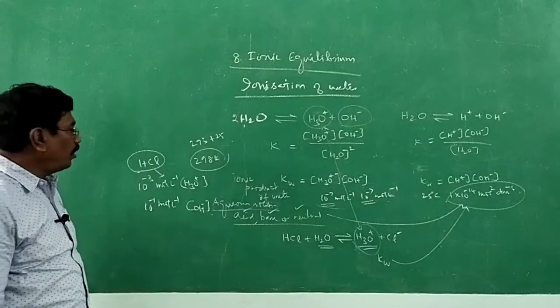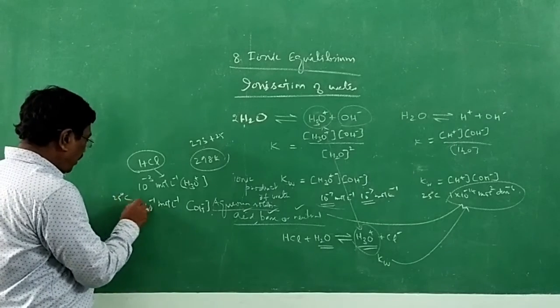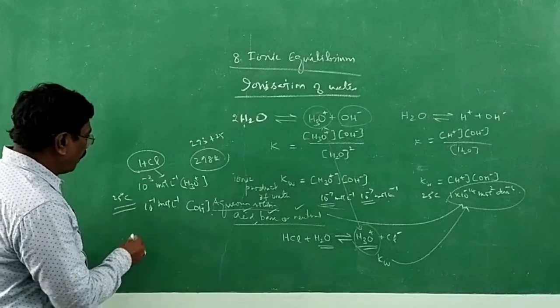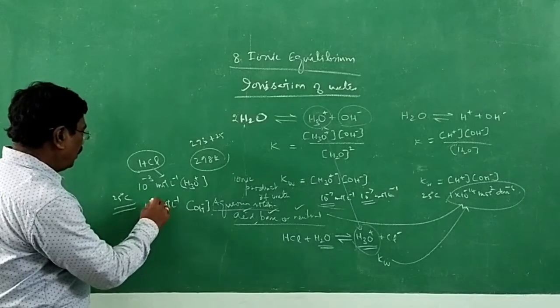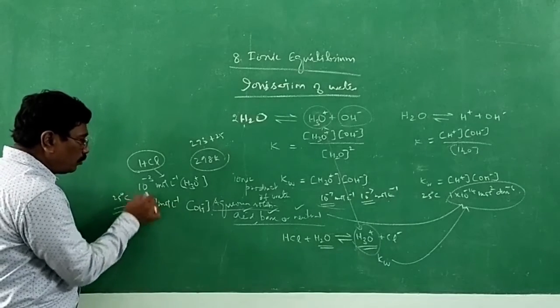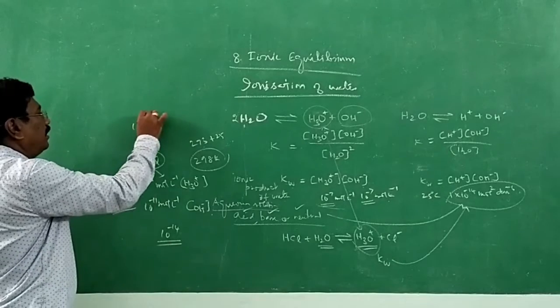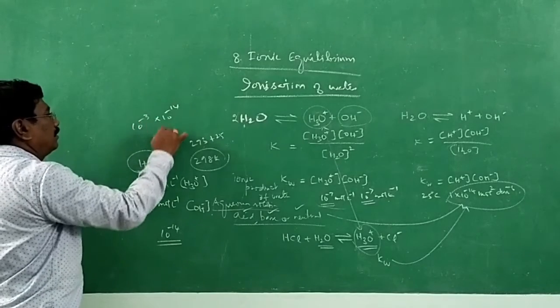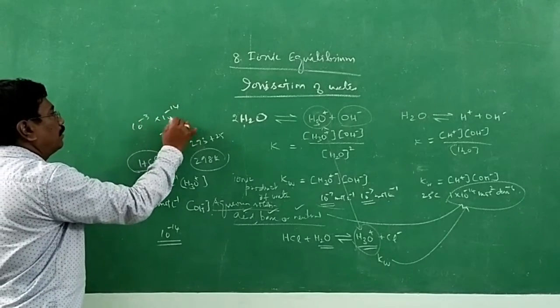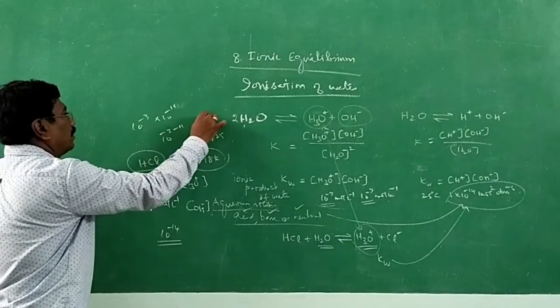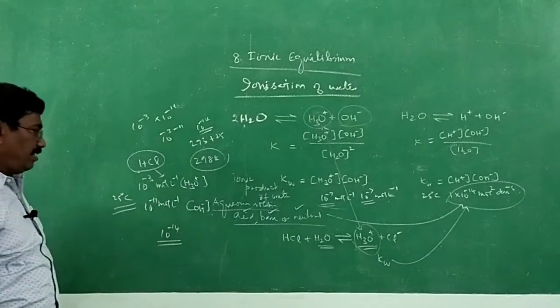At which temperature? 25 degrees Celsius. At 25 degrees Celsius, this is the case. If I multiply the two, 10 power minus 3 into 10 power minus 11, the base is the same, so minus 3 and minus 11 sum to 10 power minus 14. So this is how we get it.